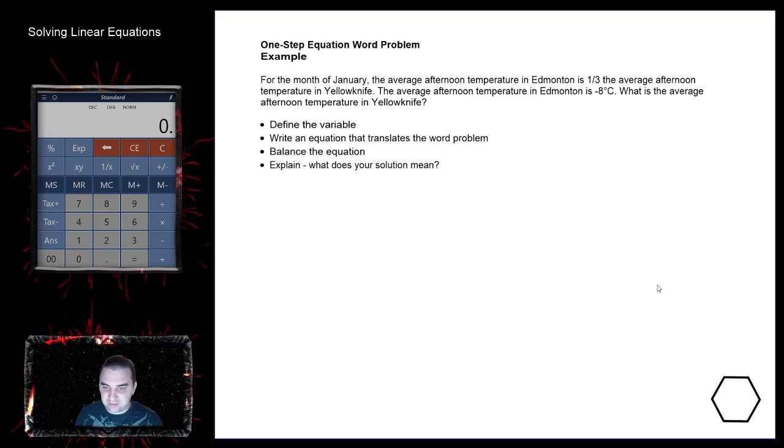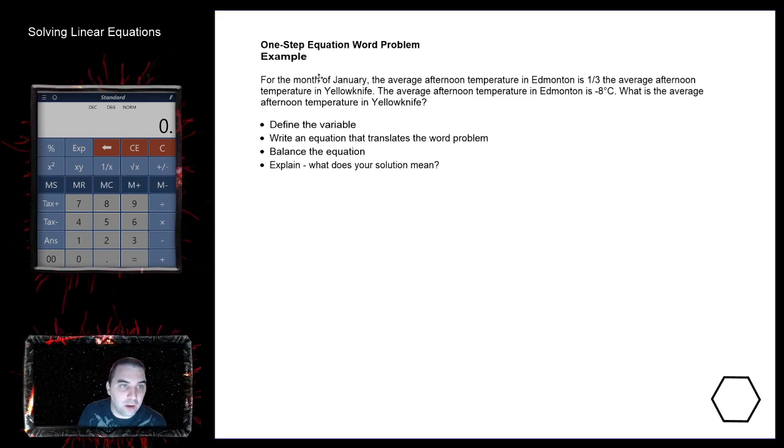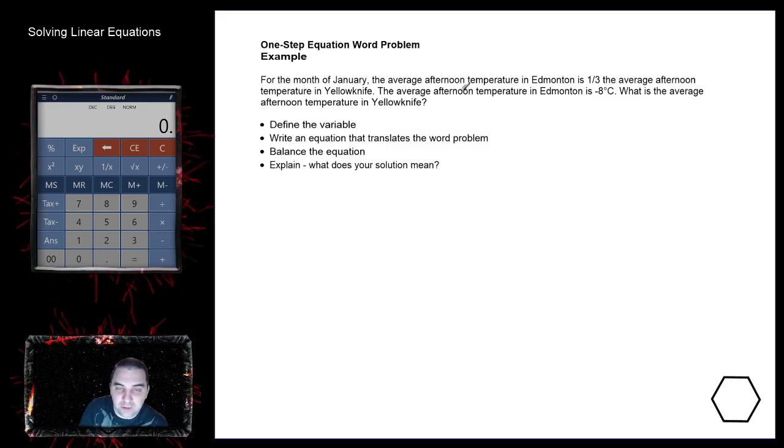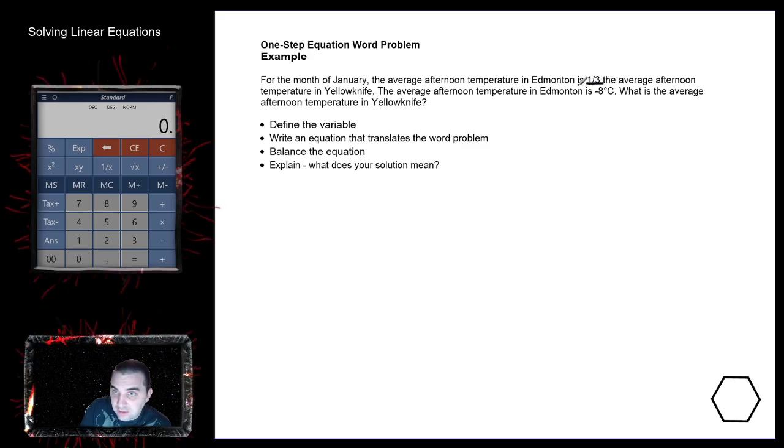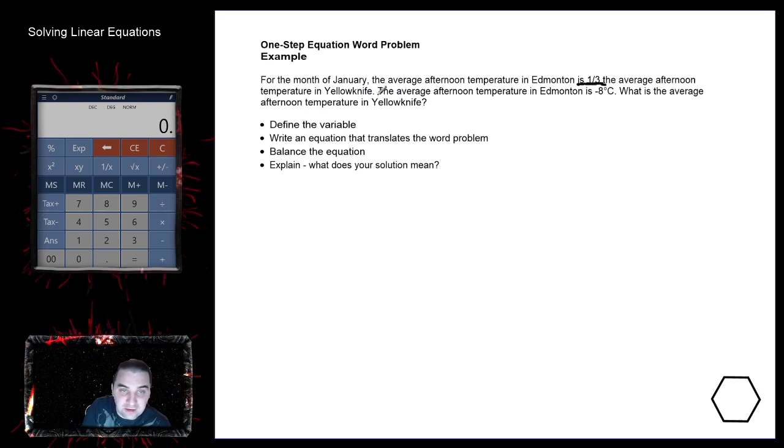Okay, last thing. One-step equation. We have a word problem example. So for the month of January, I'm going to underline the important stuff. The average afternoon temperature in Edmonton is 1/3 the average afternoon temperature in Yellowknife.